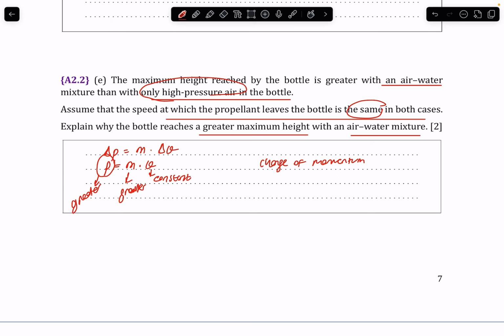And if it leaves there with a greater force, that means that it's ultimately going to reach a greater maximum height. So if we had to explain it, of course, we would say the change of momentum is greater. Thus, the force with which it leaves the propellant is going to be greater, and then the maximum height is going to be greater as well.